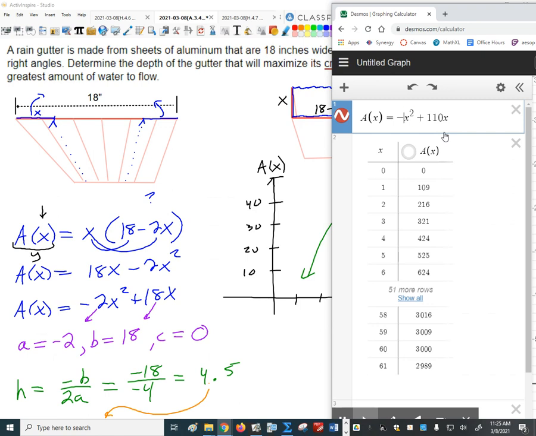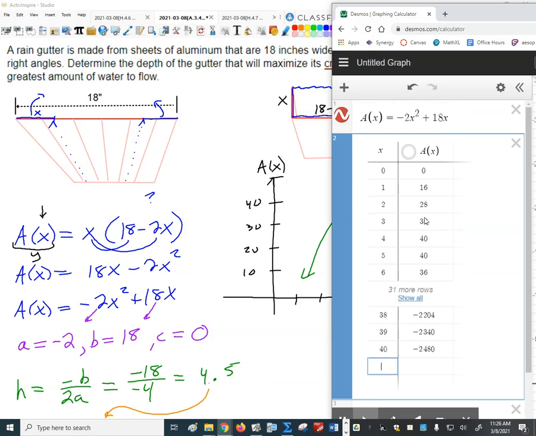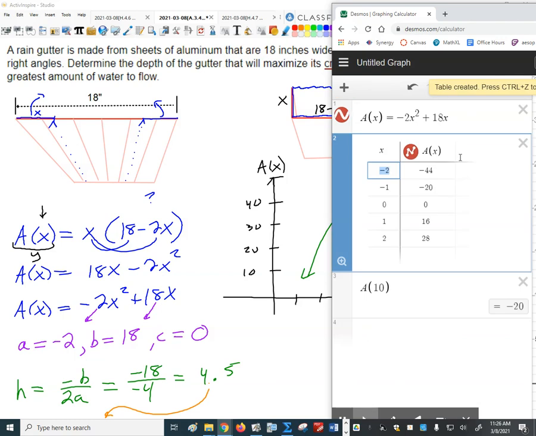So this time it's negative 2x squared plus 18x. Oh, that's going to take forever. If I recreate, oh, there we go. Good.